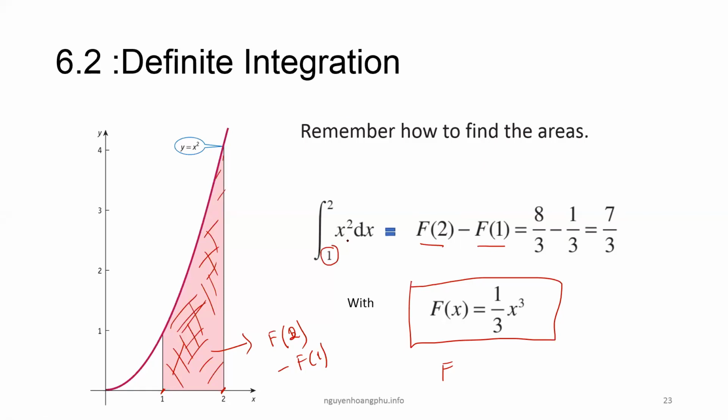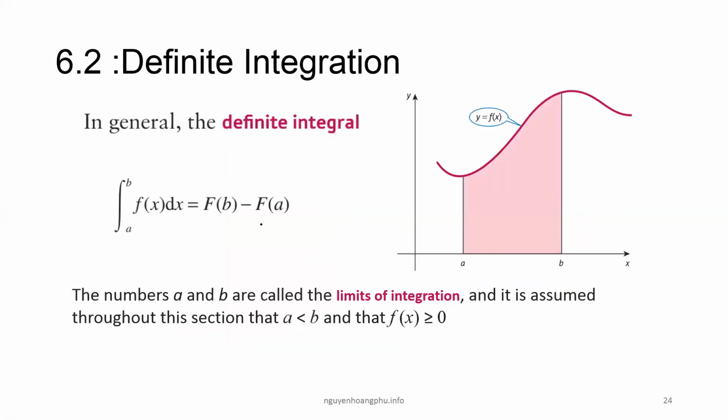for the definite integral, if we take this one as A and this one as B, B greater than A, then we will have the integral of f(x) dx from A to B, this area, equal to F(B) minus F(A).